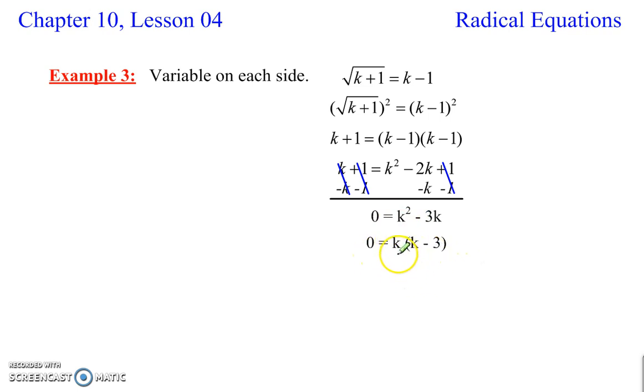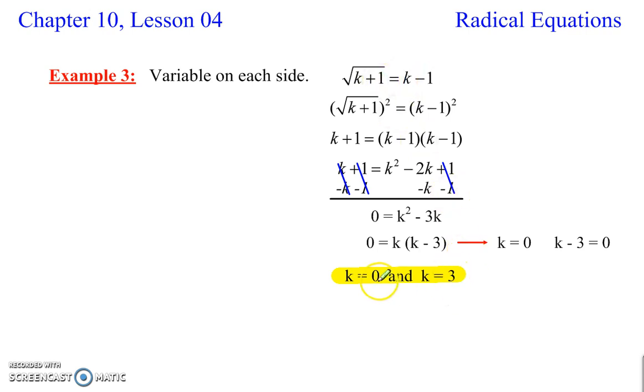When is this 0? Well, it's 0 when k is 0, or it's 0 when k is 3. If k is positive 3, 3 minus 3 is 0. Now, we do have to check our answers against our initial expression and see, do they make sense up here? If I do 3 plus 1, that's 4. Square root of 4 is 2. 3 minus 1 is also 2.